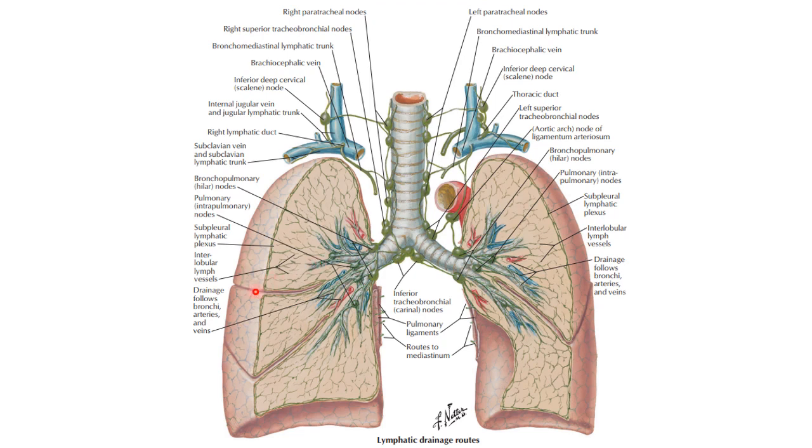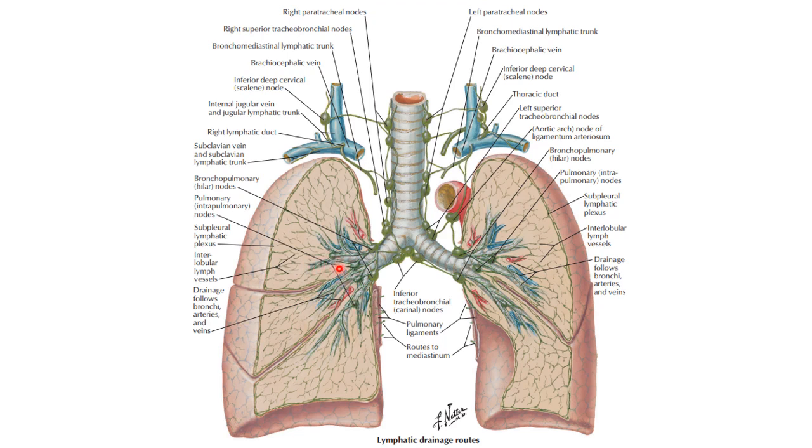So the drainage follows bronchi, arteries, and veins. So interlobular lymph vessels, they will fuse and become larger, and they will associate with the actual respiratory tree, which is the bronchi. Okay? Next, the lymphatic vessels here will drain into the following nodes.